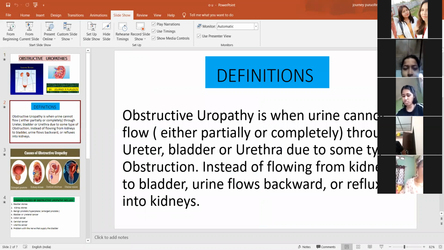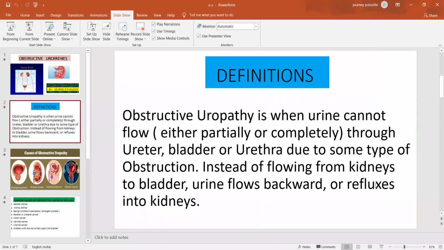So obstructive uropathy is when your urine cannot flow, either partially or completely, through the ureter, bladder or urethra. Why can it not flow? Because there is some type of obstruction present in your ureter, bladder or urethra. That is the reason why your urine cannot flow as it should.